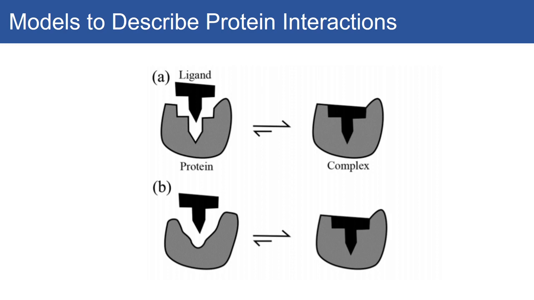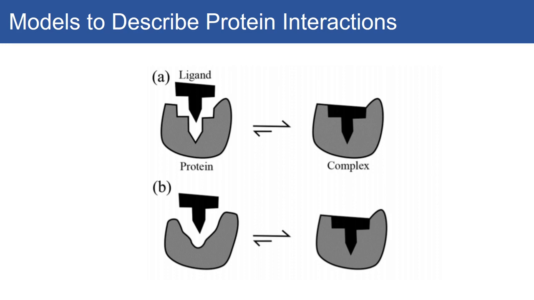Complementarity is what you see in B, where you can have complementarity in size, shape, charge, and hydrophobicity. So things can change conformations, size, shape, and charge, and all those properties can change and allow for specific functionality to occur within these protein-protein interactions.